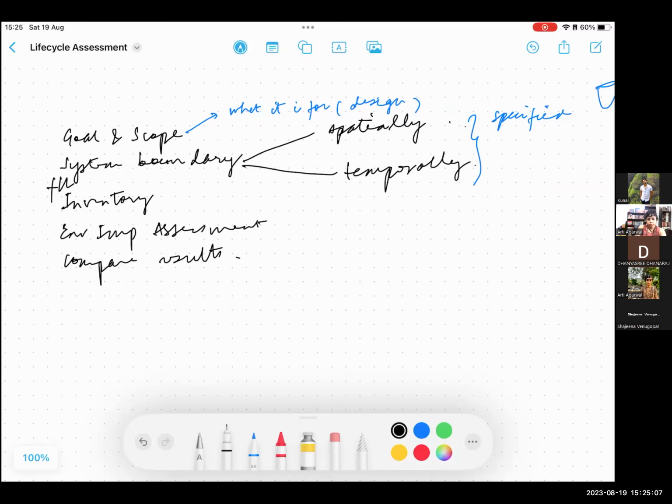Now, what is the specific thing we're looking for? We can define in a goal and scope, and then we can define which environmental variables we want to calculate. But broadly, that's what we want to do whenever we do an LCA, right? We want to find out how unsustainable some product, some service, some building is, and then we want to identify all the ways in which we can make it more sustainable, right?